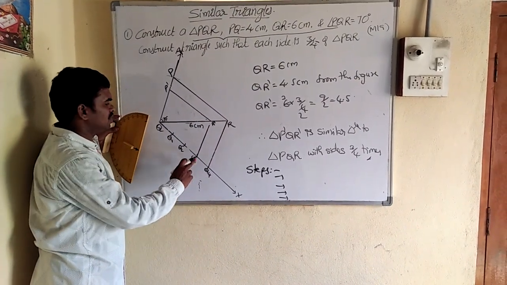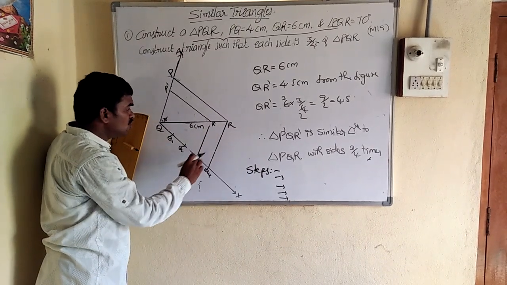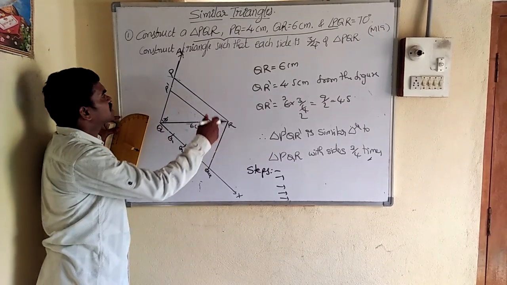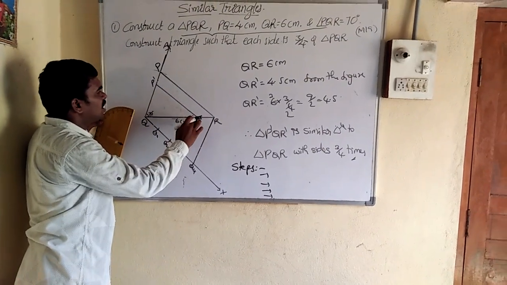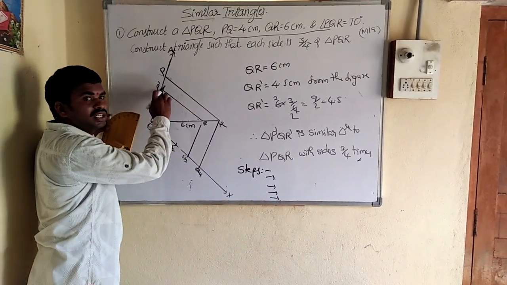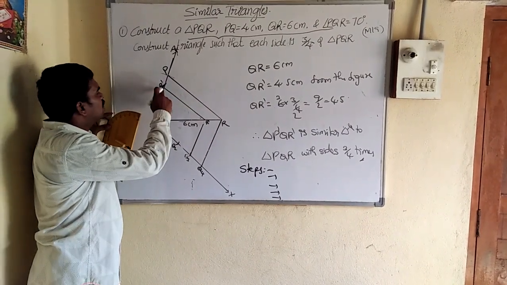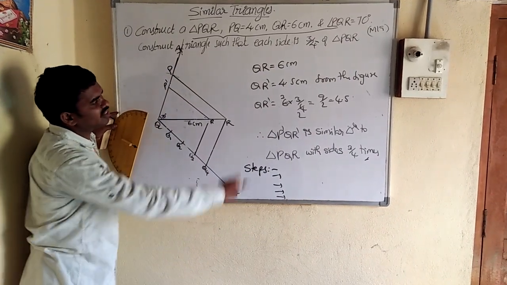Next step, draw a parallel line to Q4R through Q3, meeting at R dash. Next step, draw a parallel line from R dash to P dash, parallel to PR. Then triangle P dash QR dash is constructed. That is the required triangle.